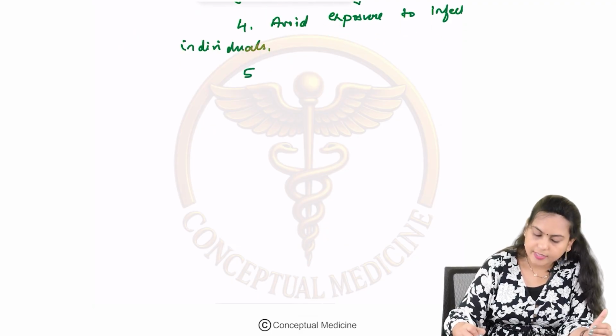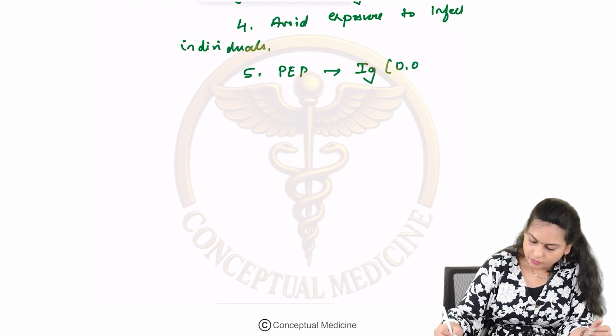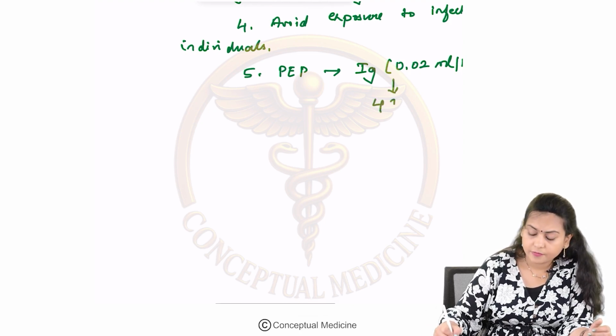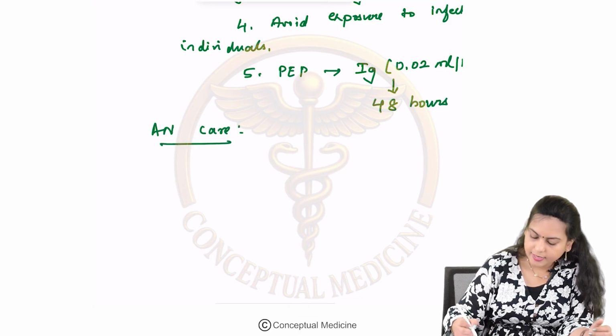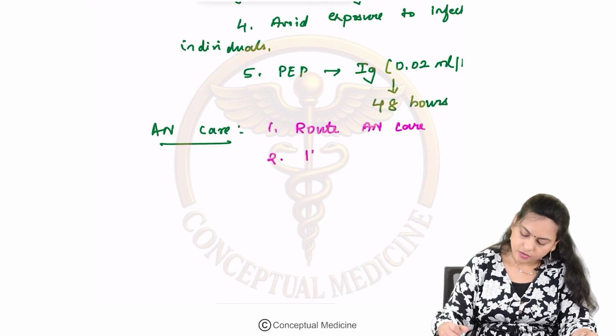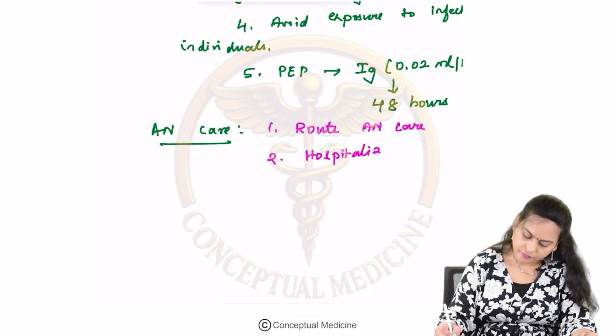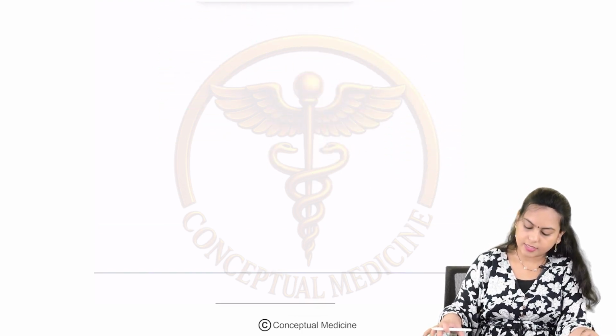If exposed, post-exposure prophylaxis with immunoglobulin at a dose of 0.02 ml per kilogram can be given within 48 hours. For antenatal care, there is nothing specific; you can give routine antenatal care. If required, hospitalize the patient and check her fluid and electrolyte balance also. Clear? Yes. Next is hepatitis B infection.